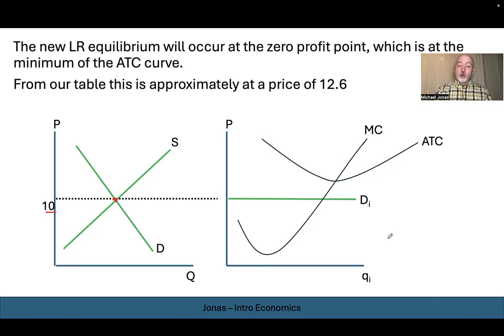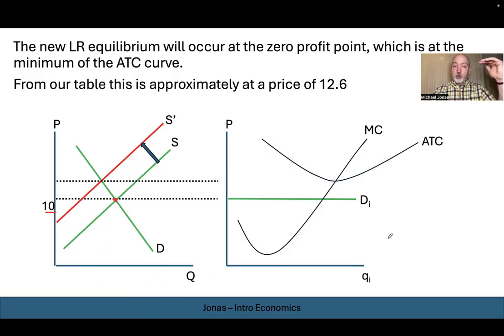So now, in the long run, that supply curve starts to shift to the left, up and to the left as firms start to leave. That pushes price up, and eventually, think of this as it's not going to happen instantaneously, but it's a process. That price starts to rise, starts to rise, starts to rise as our supply drifts off to the left, and it's going to stop moving once we hit that zero profit point, once it reaches the average total cost.